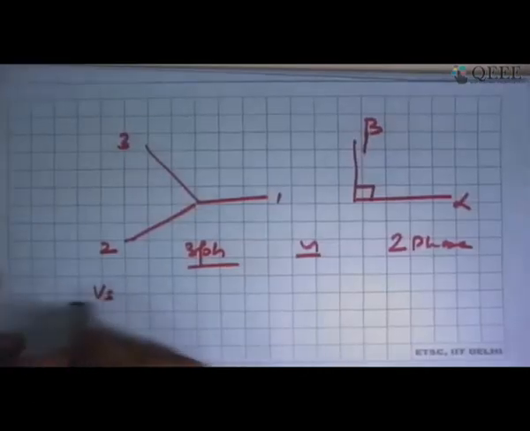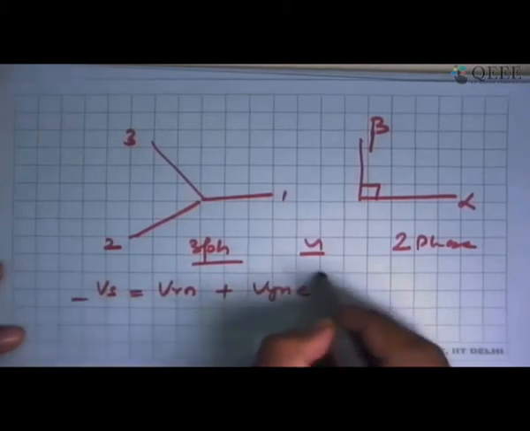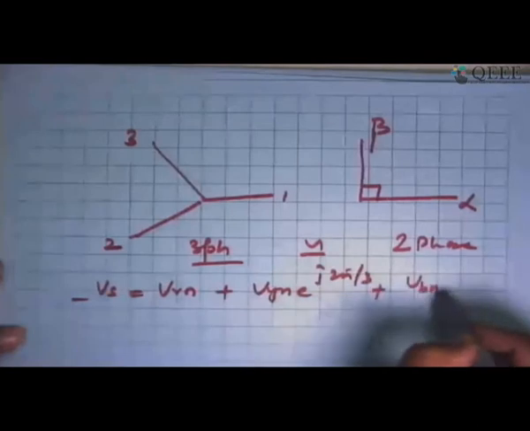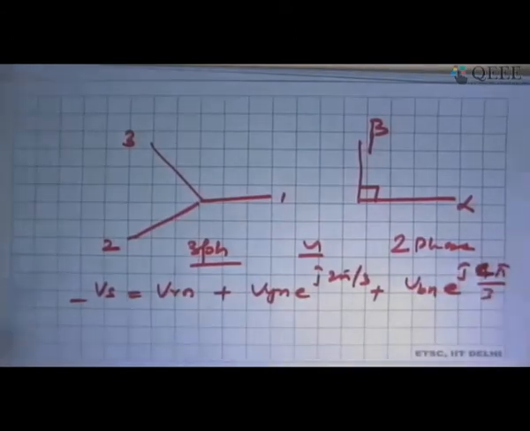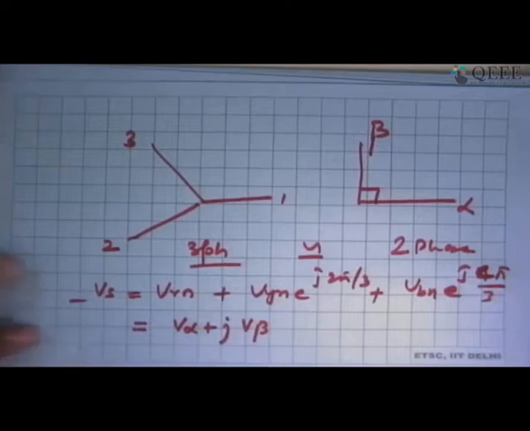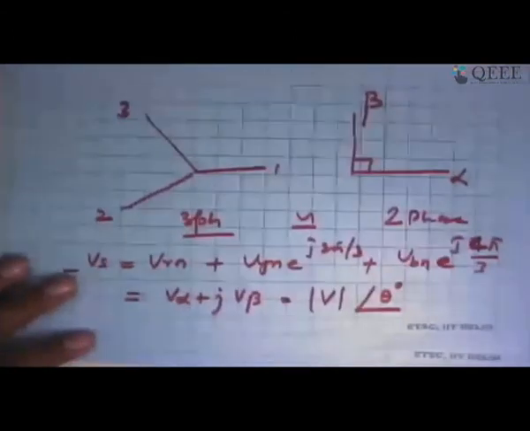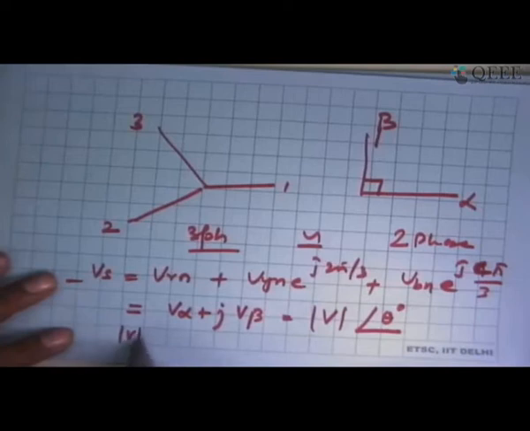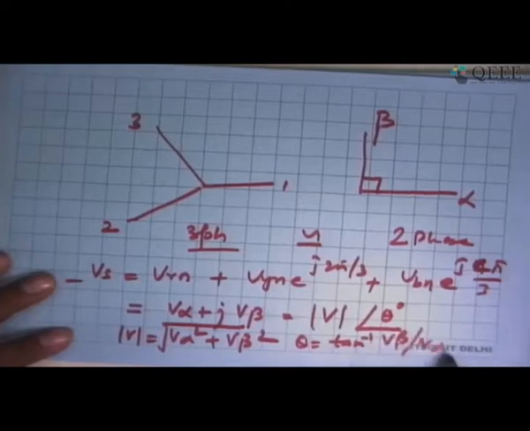So since we know, we can write as, this can also be written as, where this is, and theta is tan inverse V beta by V alpha.